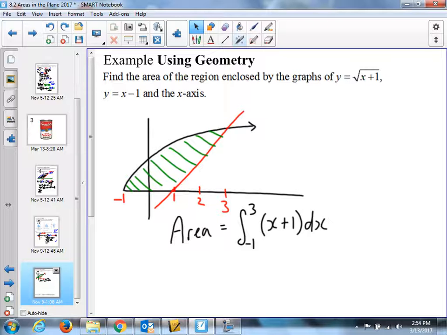It's an area. 1/2 base times height. What's the base of that? 2. 3 minus 1 is 2. And a height of? 2. 3 plus 1 is 4, square root is 2. Yeah. 1/2, 2 times 2. So minus the area of a triangle, right?